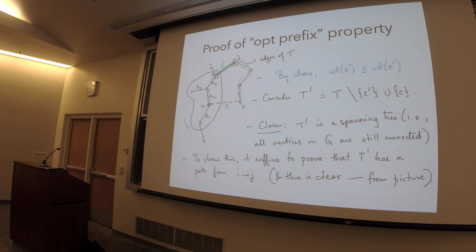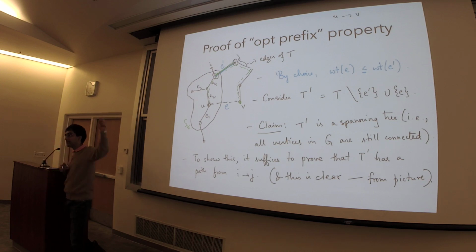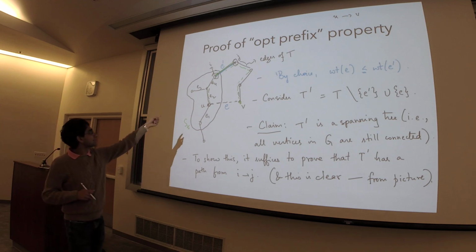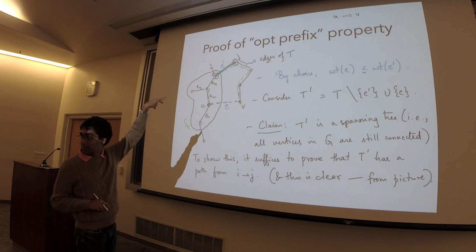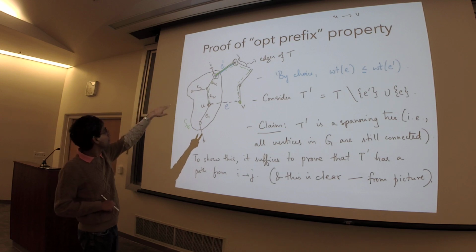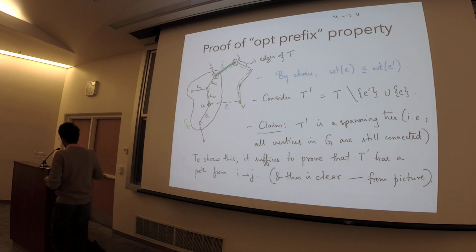But yeah, so formally, you assume that there was some path from U to V, right? So you know that there is some path from U to V in T, and that consisted of a bunch of edges, one of which was E prime. Now, basically, you can be formal about it.